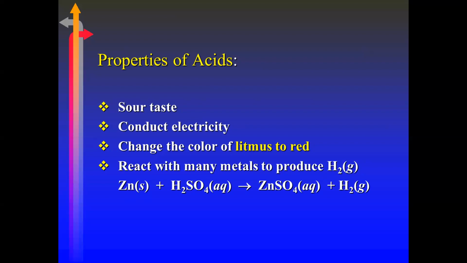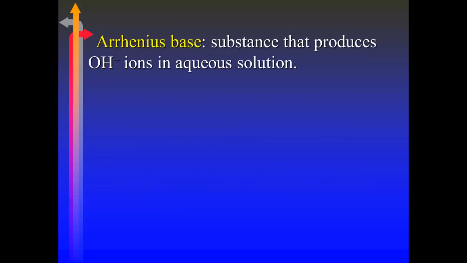This year, I'm not sure if you will do a virtual lab or not, but with the regular lab, you will do this experiment. You put the zinc into the acid, and then it will form zinc sulfate plus hydrogen gas. So this is the property of acid.